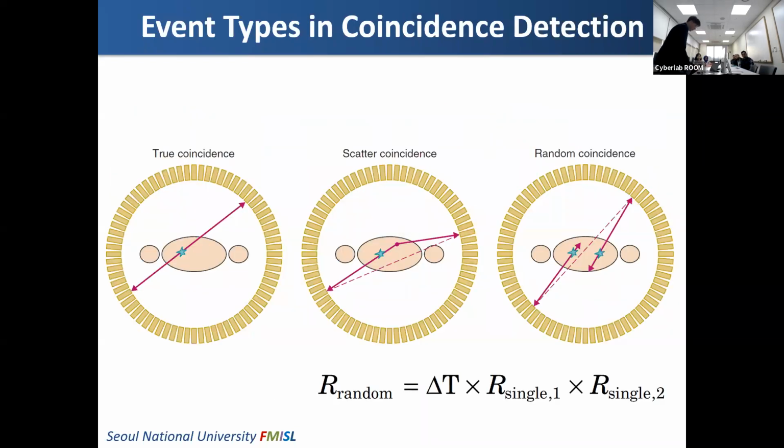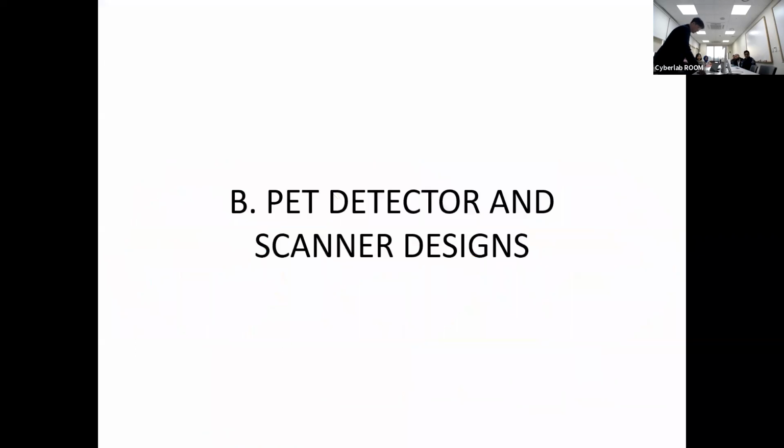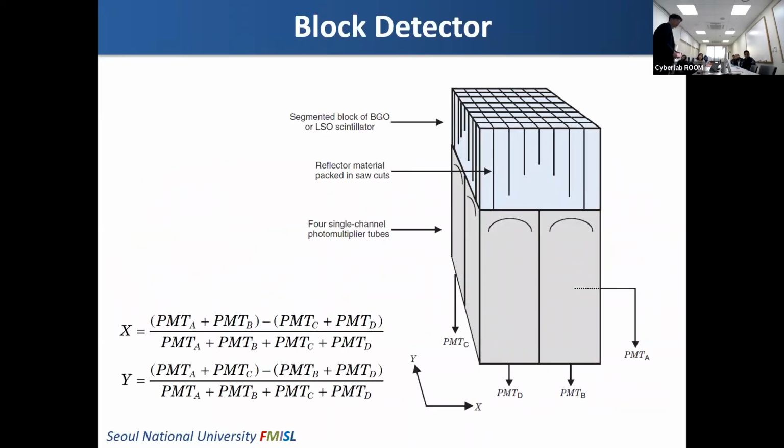I already mentioned these event types. Let me show you the block detector. This is a very conventional PET block detector that we use with photomultiplier tubes. In the conventional block detector, 4 photomultiplier tubes are coupled with the scintillation crystal array.